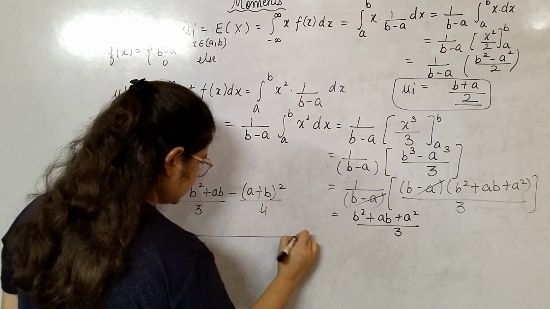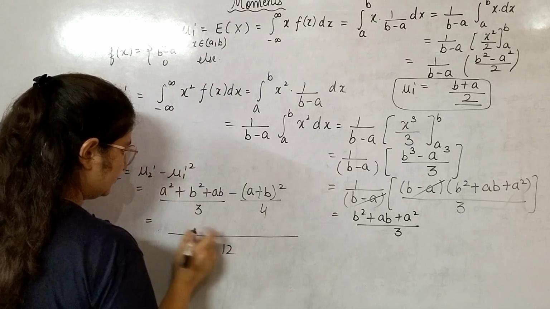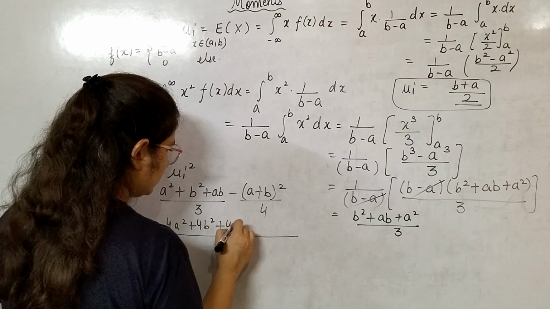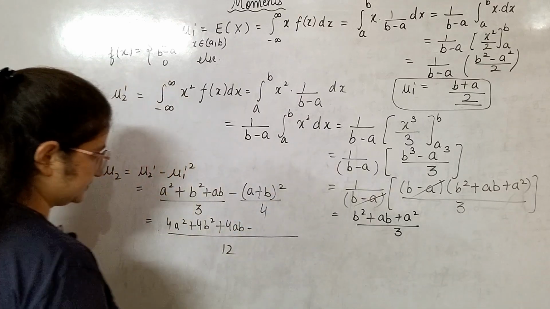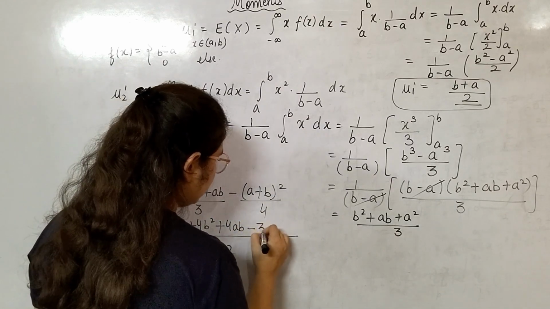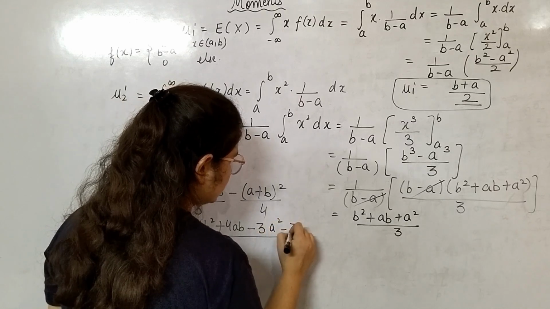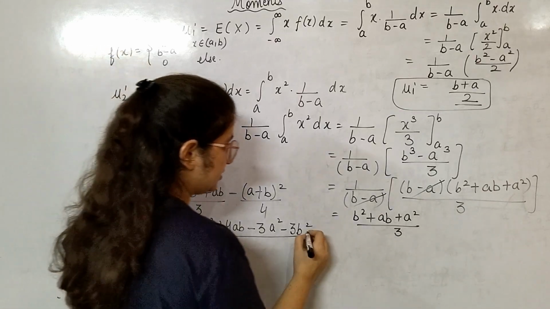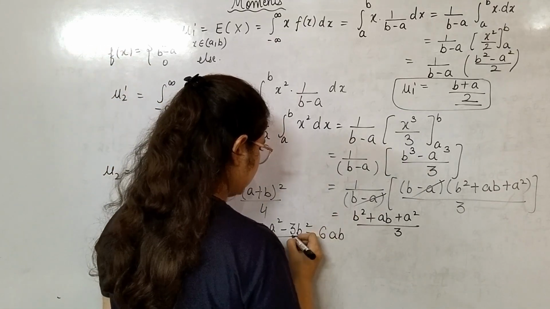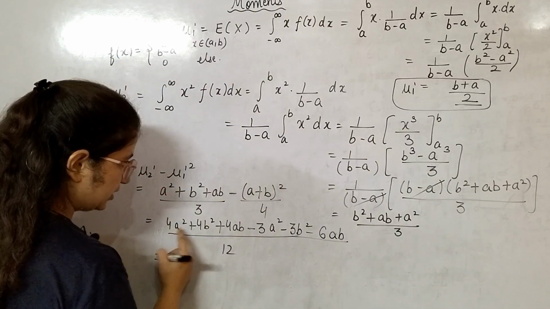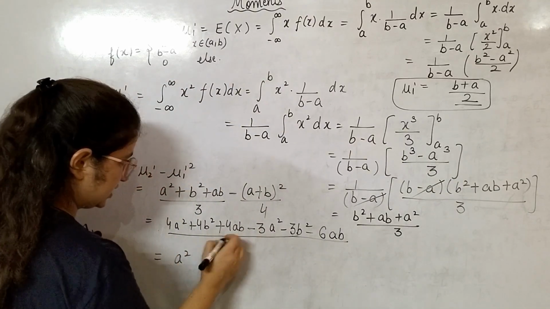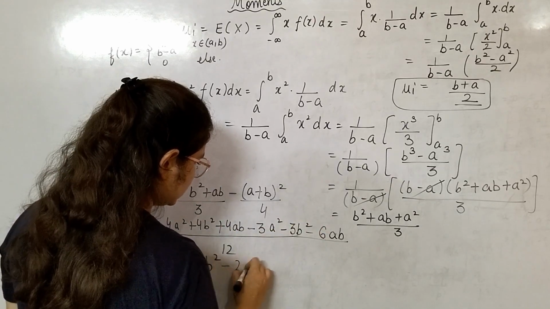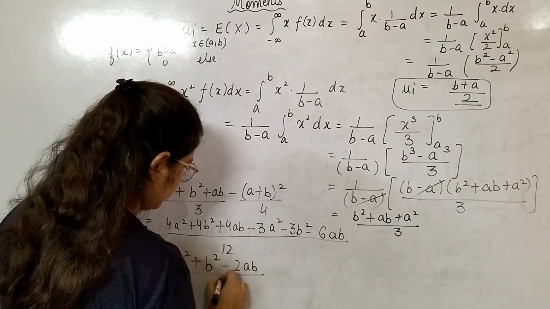Now take the LCM, which will be 12. 3 fours are 12, so 4a square plus 4b square plus 4ab minus 3a square minus 3b square minus 6ab. So it will be 4a square minus 3a square, which is a square, plus b square, and 4ab minus 6ab, which is minus 2ab, upon 12.